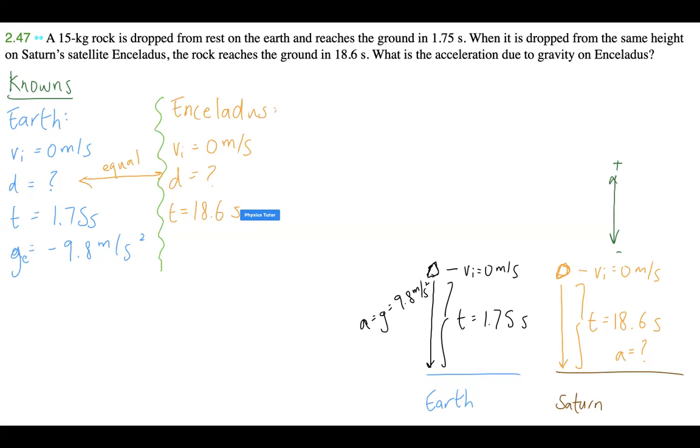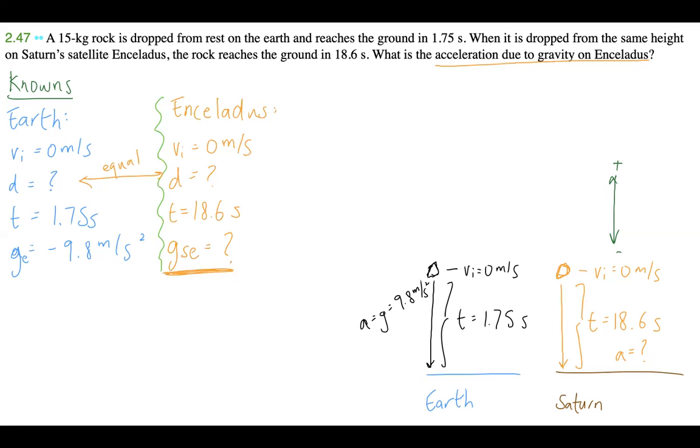I don't want to write GE, because Enceladus also starts with an E, and Earth also starts with an E, so I'm going to write GSE, for Saturn, Enceladus. We don't know what this is, but we are looking for the acceleration due to gravity on Enceladus. So this is what we're looking for.